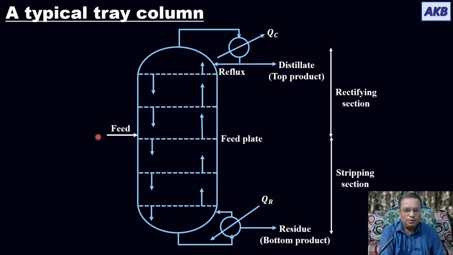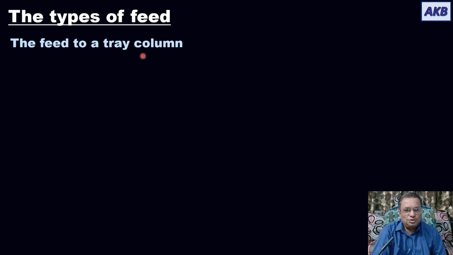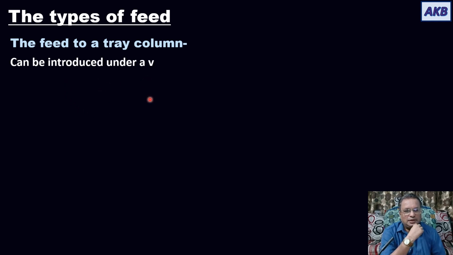Today we are going to know more about the feed that is given to the column. We are going to know about the types of feeds that are given to a typical distillation column. The feed to a tray column can be introduced under a variety of thermal conditions.